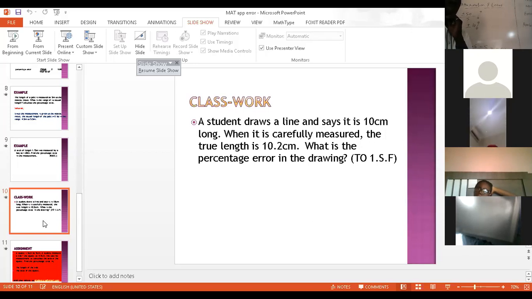What is the percentage error in the drawing? So quickly sketch that down. Let me see how you are following the class.